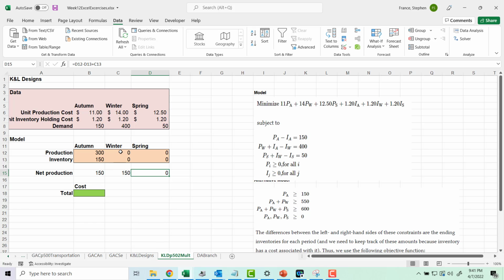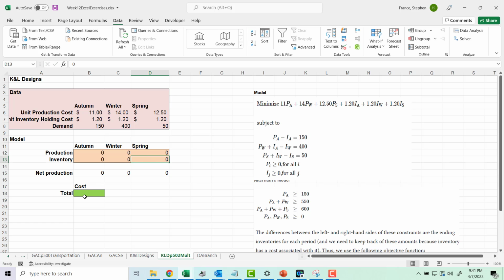So here, for example, we had 150 over from the winter. If we produce another 250 and don't hold anything over, we've met the 400 demand. And then in the spring, we only have demand of 50. Then we've actually matched the equations. So that was just a way of matching the equations.